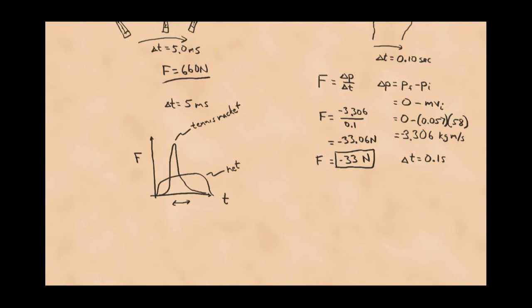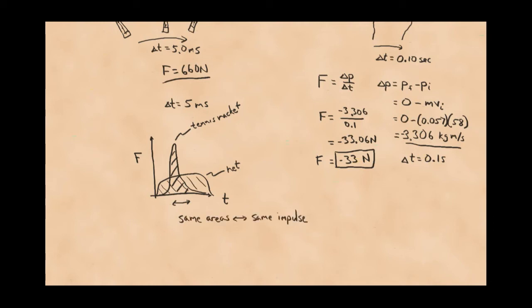But in both cases, the impulse or the change in momentum is the same, other than a minus sign. In the plot of force versus time, what that means is the area under the curve is the same. The area under the curve for the tennis racket will be the same as the area under the curve for the net.